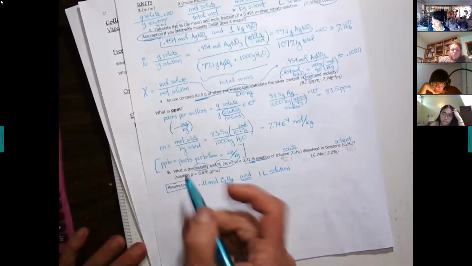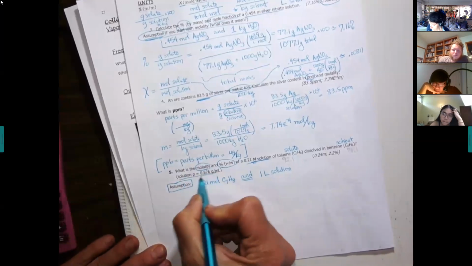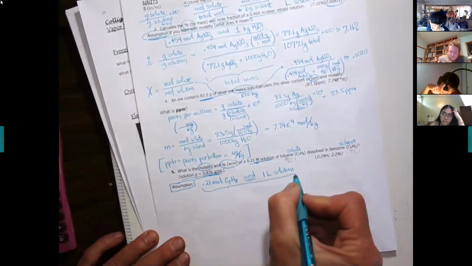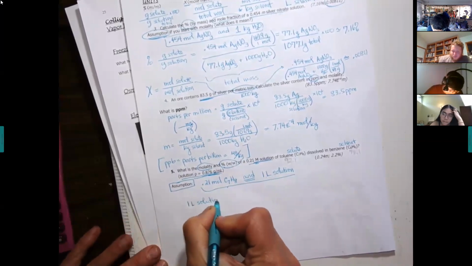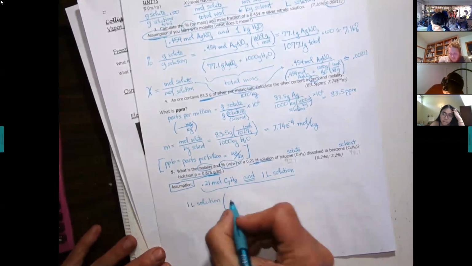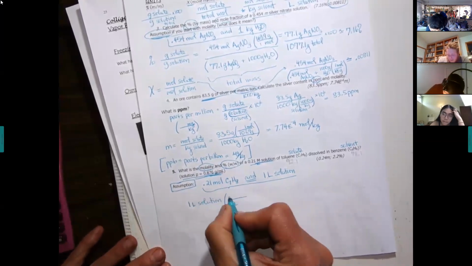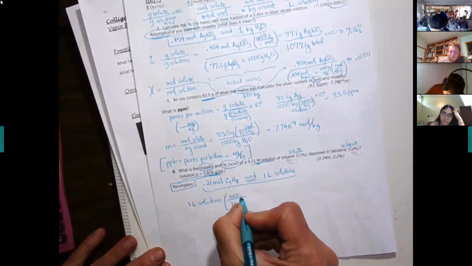And this is what I was looking for. This last piece of information down here is the key. So this is my assumption. I'm going to start with my 1 liter of solution. I can change liters to milliliters, so 1,000 milliliters in a liter.